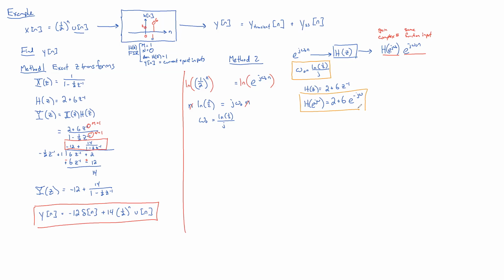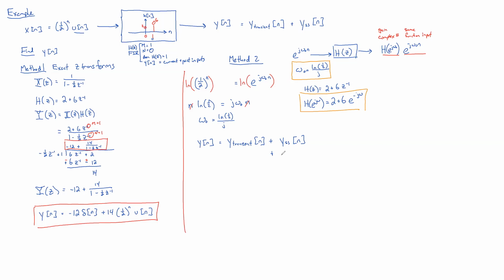And so we believe that the full and true output, y of n, is going to be equal to some transient part that will decay away, plus the steady state part. And that steady state part we can figure out using this method up here.